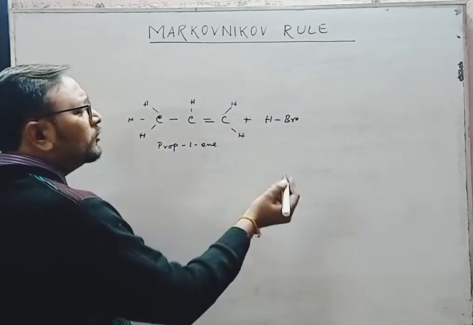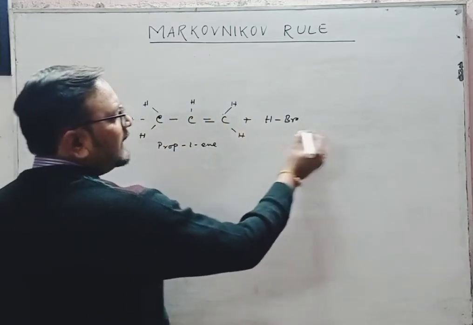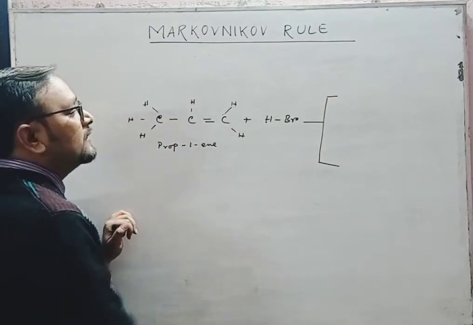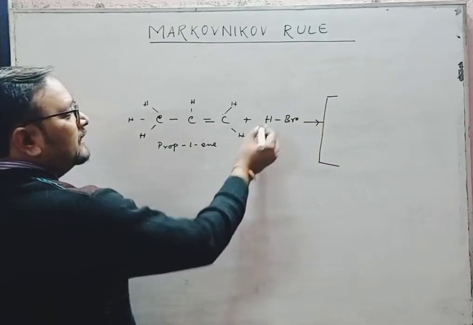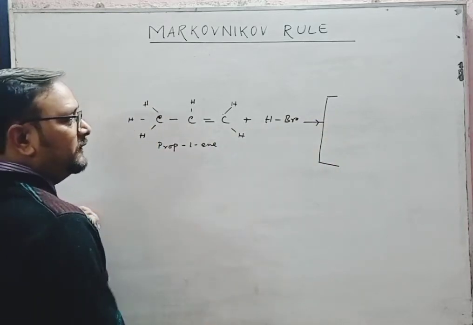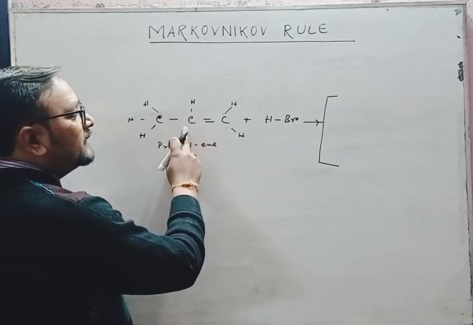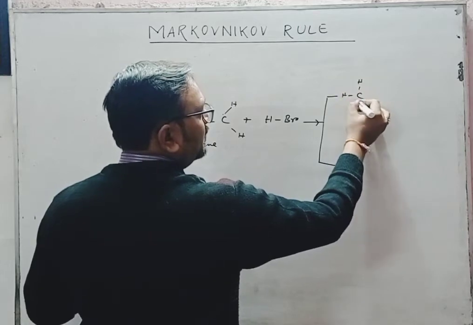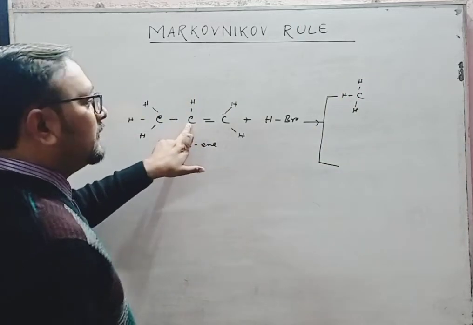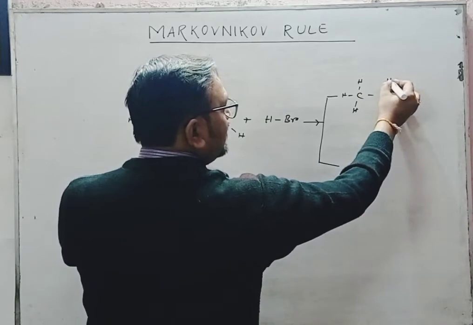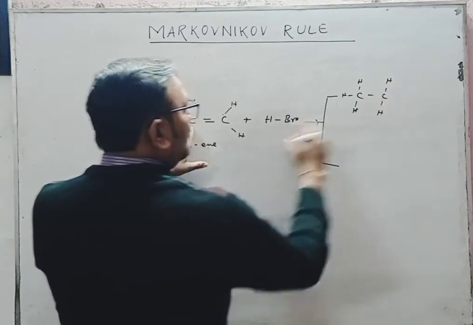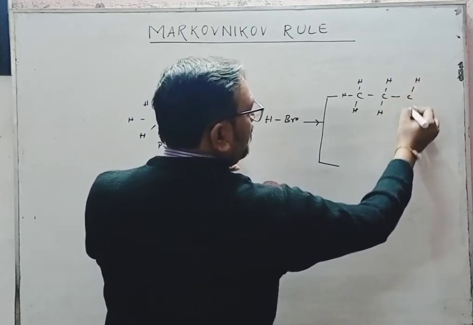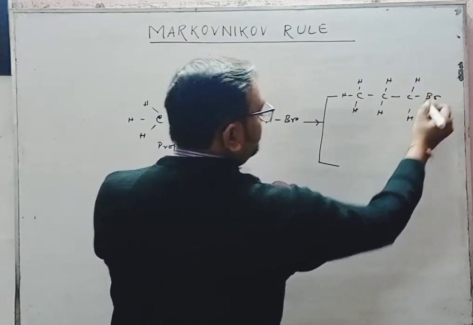See, there can be two possibilities. Now what are the two possibilities? The first possibility is that the hydrogen can add here. The second carbon, now I am writing here, CH3, next CH, and then I am adding H over here, HBr.